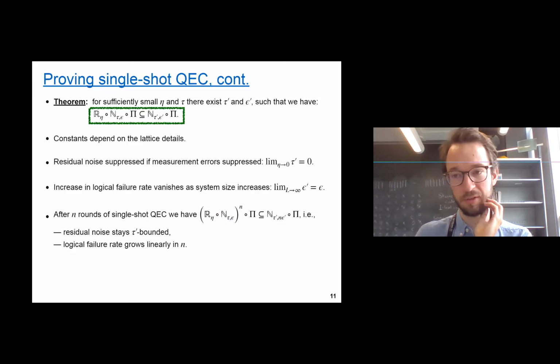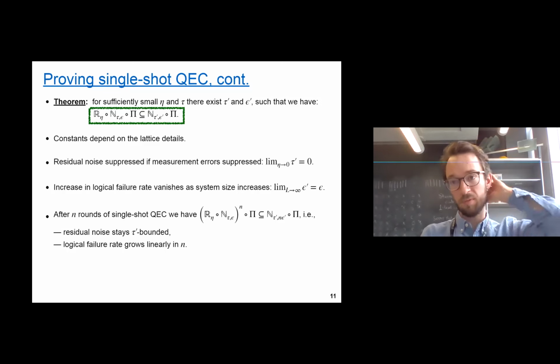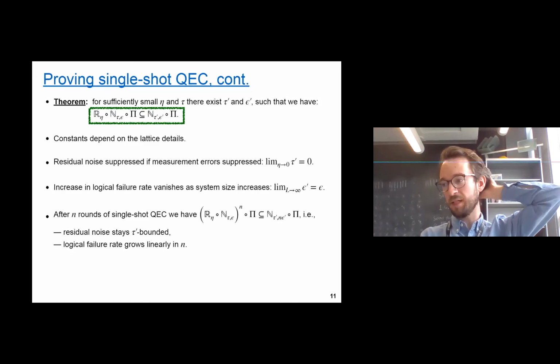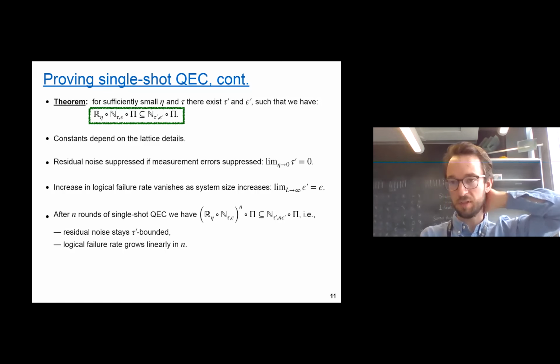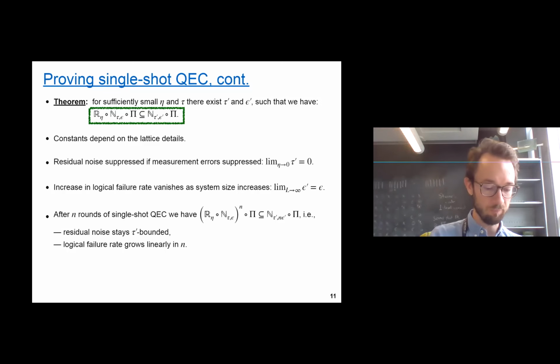So if the logical failure probability to start with is very small, we can do many rounds of error correction before the probability of a logical error gets anywhere near significant. This is all for the quantum memory case, but you hope this would be retained when you're doing gates as well, as long as you design your gates and make sure everything's fault tolerant.